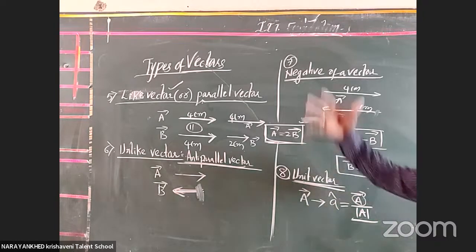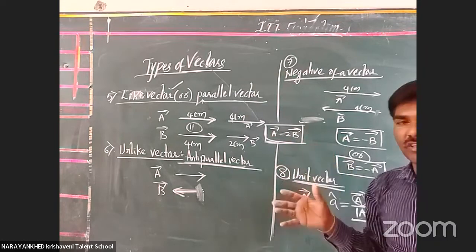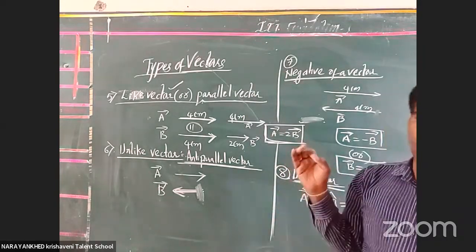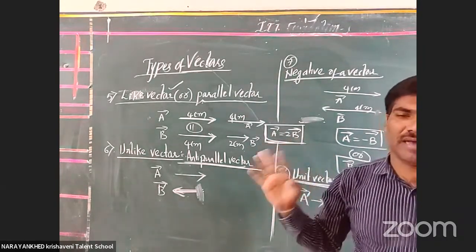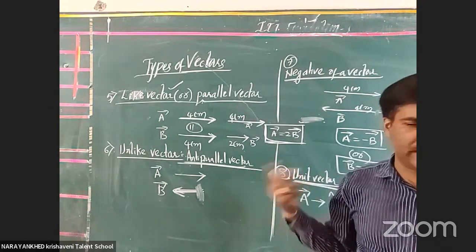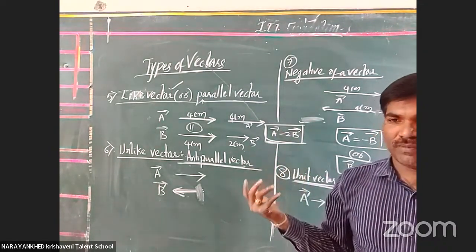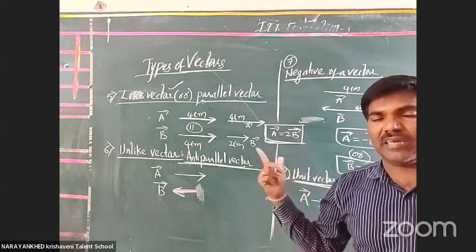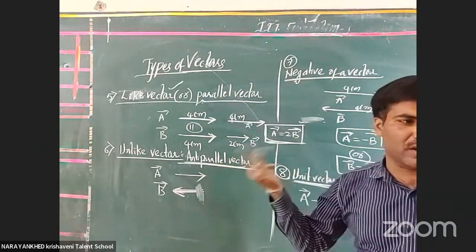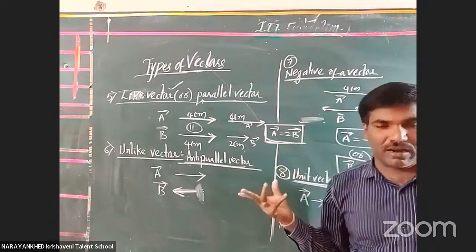Any vectors that contain the same direction, suppose the question is given in the slide. Both vectors are moving in the same north direction. They become parallel vectors, along the north direction. Suppose one vector is along the east and another vector is along the north, that is not a parallel vector.